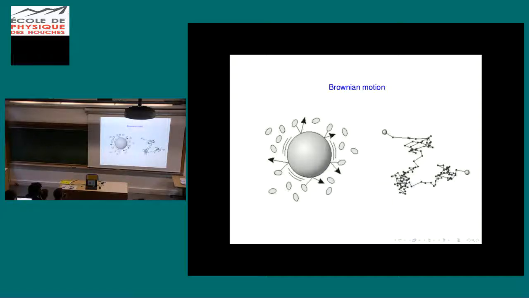This is due to the atoms or molecules around this particle, which bang into it and drive it around. If you look for a longer time, it makes movements like they are given here. It moves in different directions, you have the impression that it moves randomly.